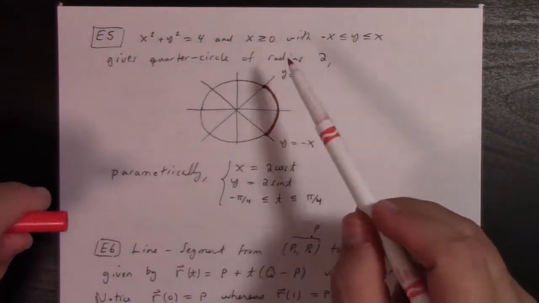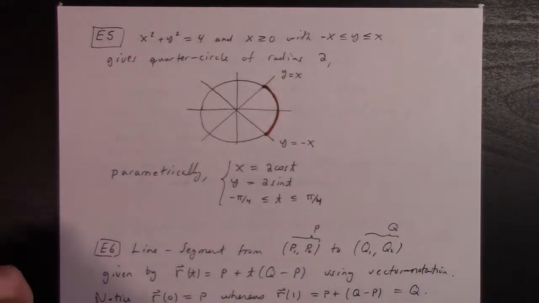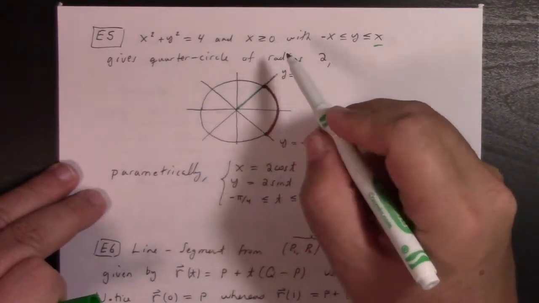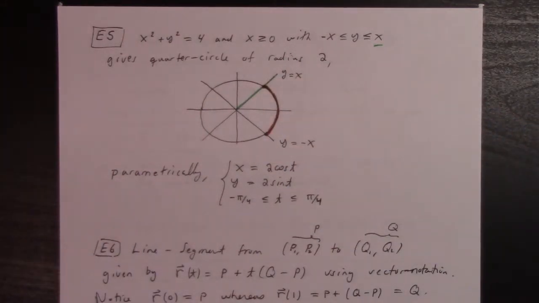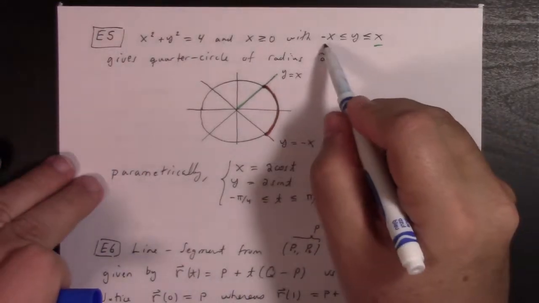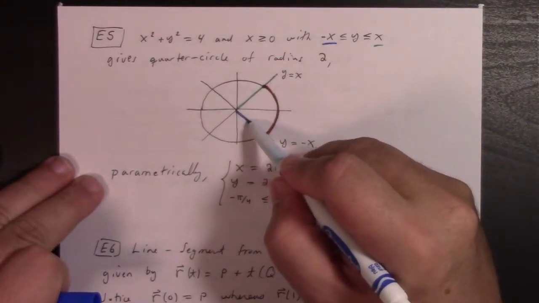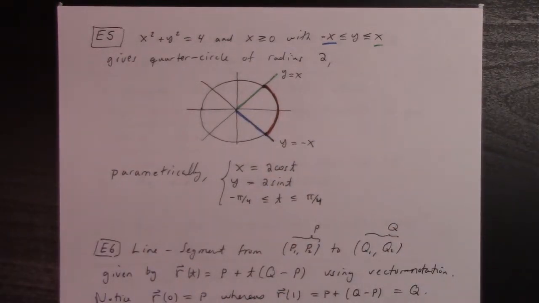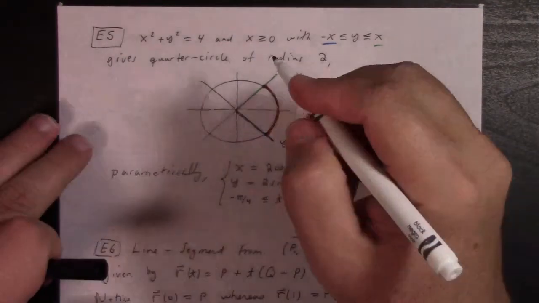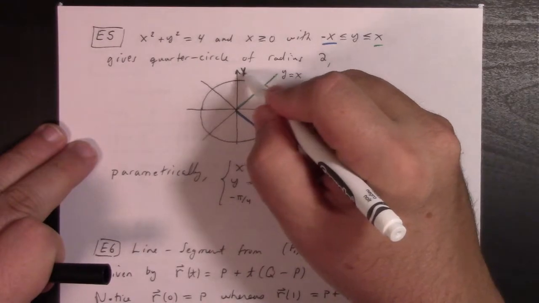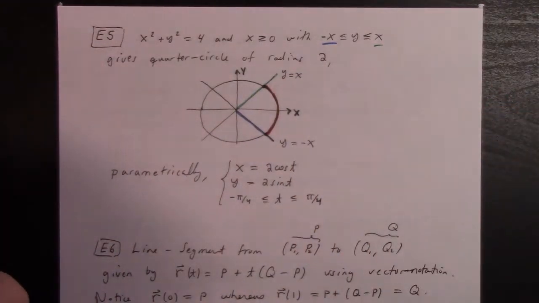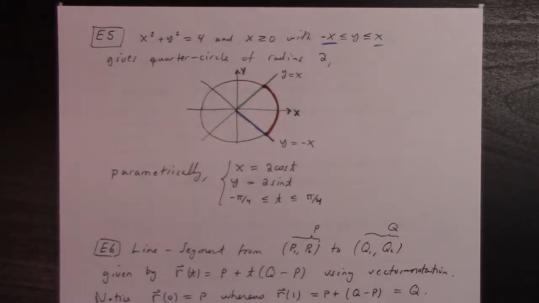See, because where x is positive and y equals x, this is like up here, right? And the y equals minus x is down here, and I'm on the right side of the y-axis because we're assuming that x is not negative, right?